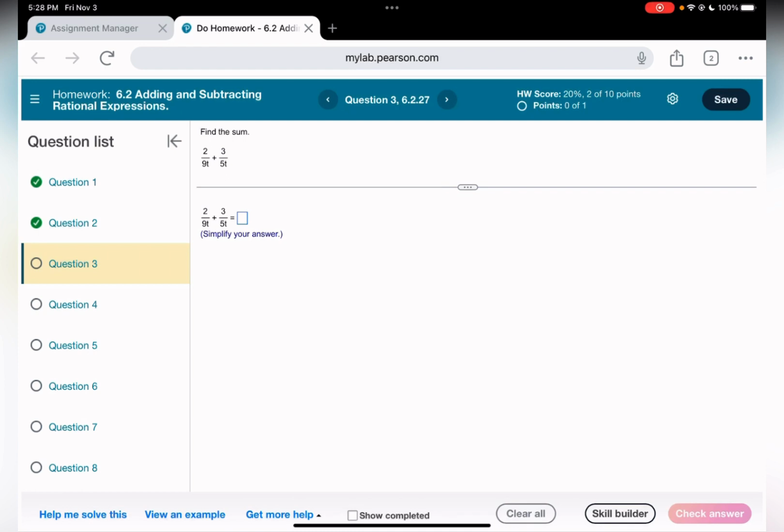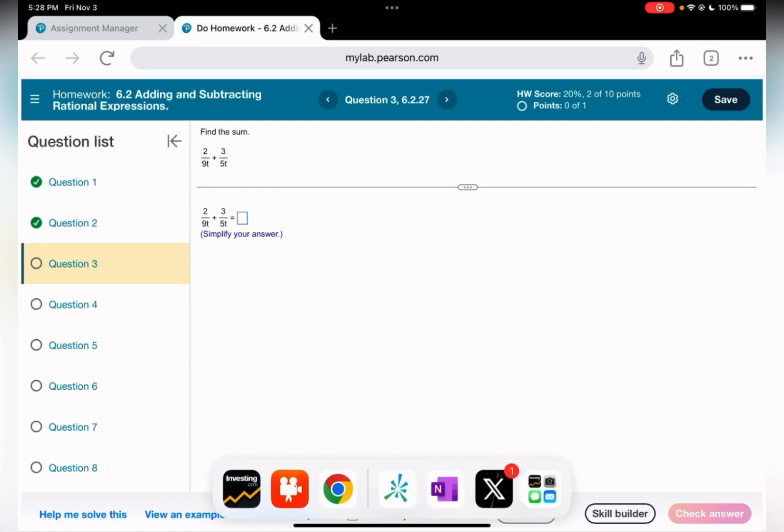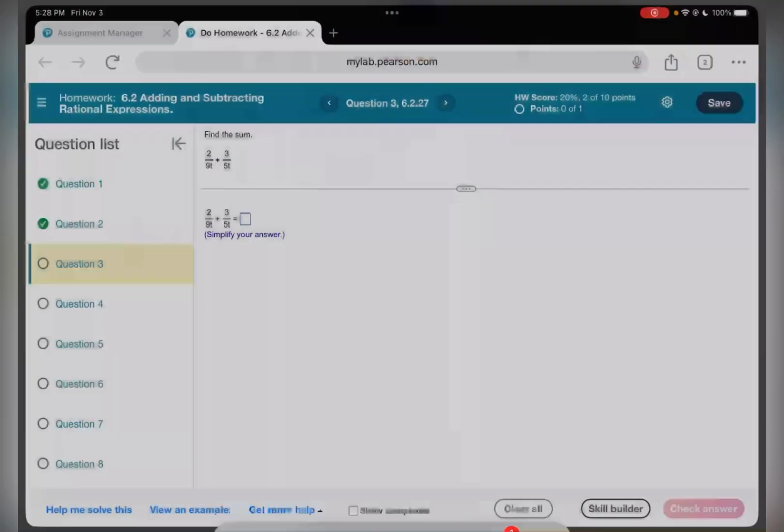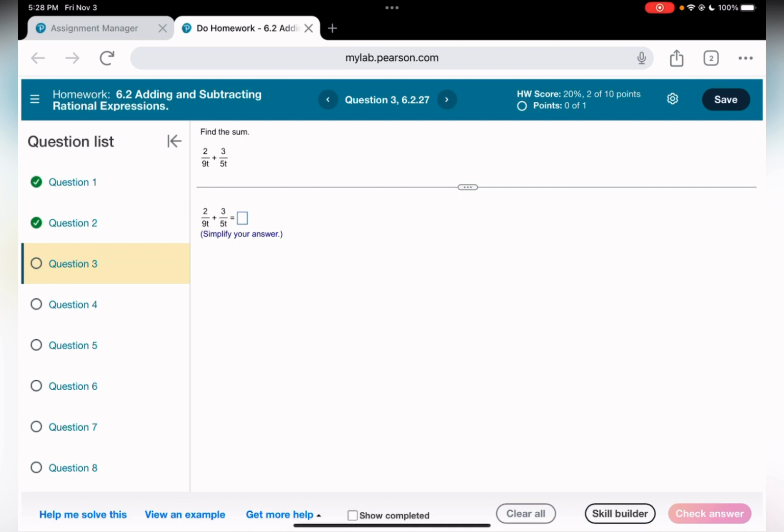Question number 3. Now, 2 over 9t plus 3 over 5t. Double check. 3 over 5t, okay.